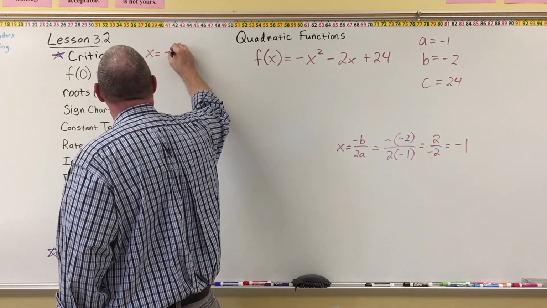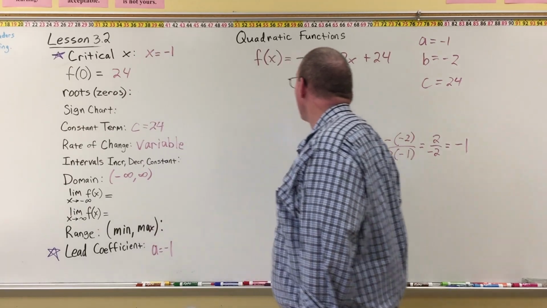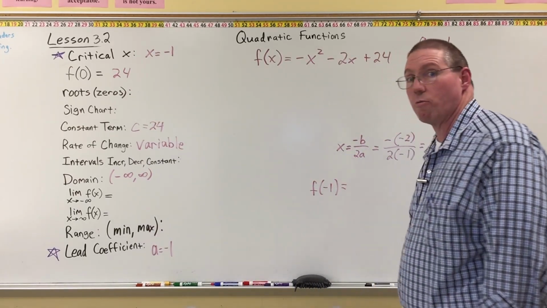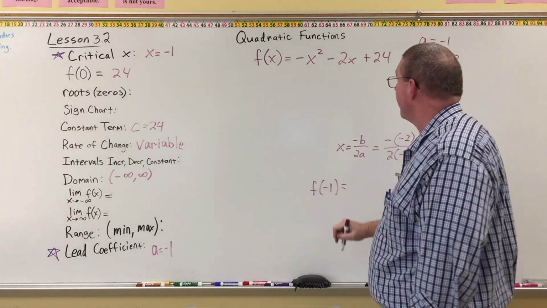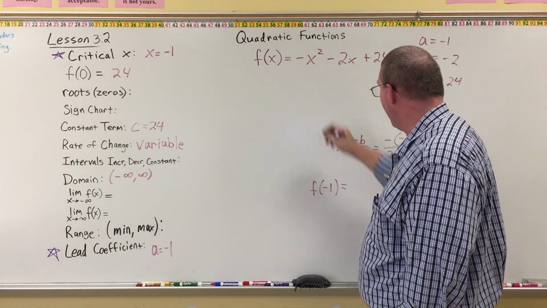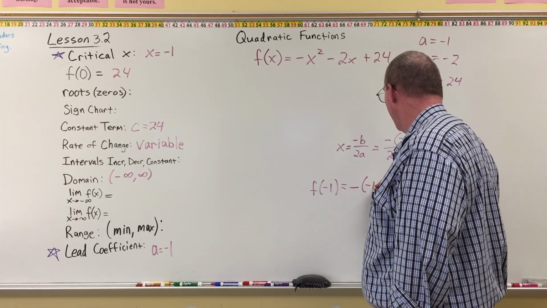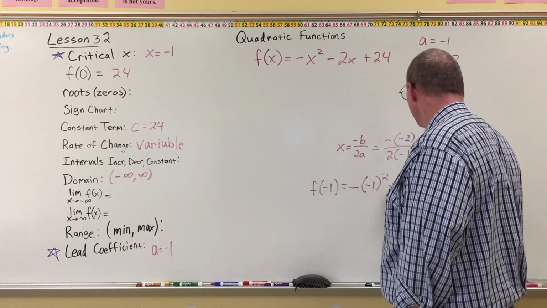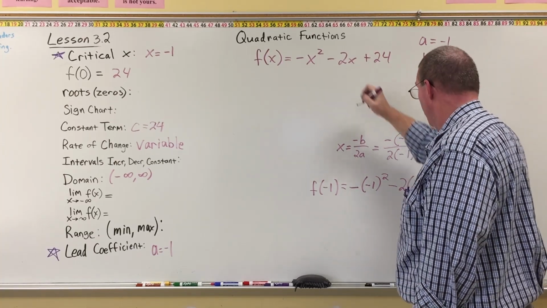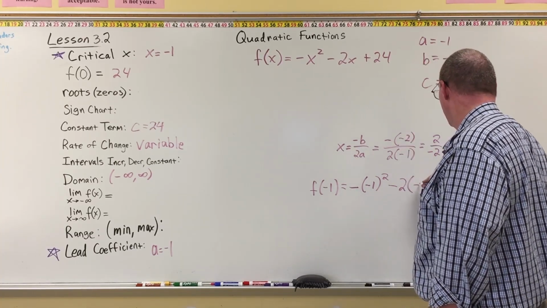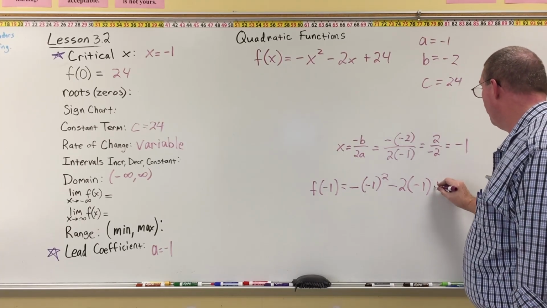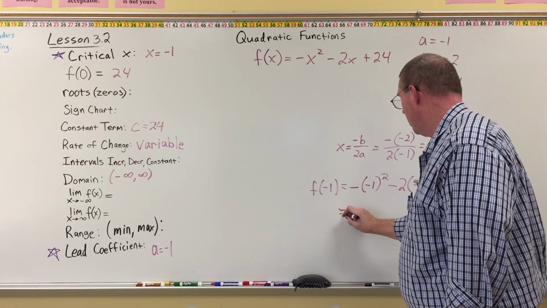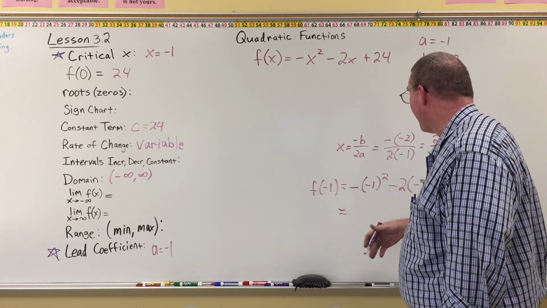X equals negative 1. Now we know we're going to need f of negative 1, so we may as well go ahead and get that right now. F of negative 1 is going to be negative, plug in negative 1 for x, squared, minus 2 times negative 1 plus 24. Okay, this could get a little crazy. There's a lot of negatives here, okay? All right, negative 1 squared, that's 1.